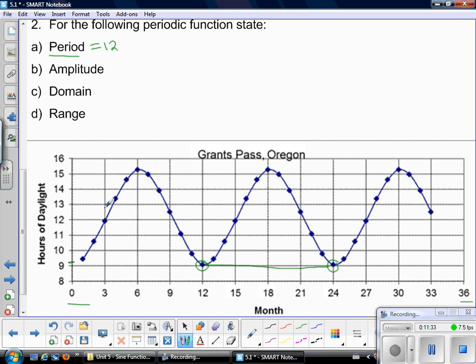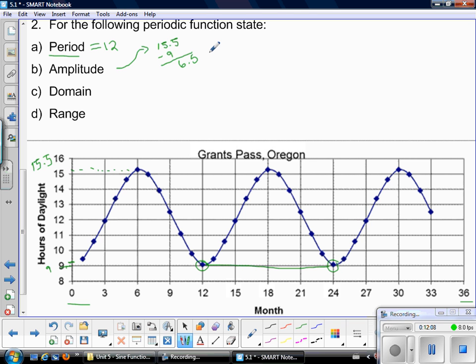Now the amplitude. It appears that over here it's about 15.5, and down below, it appears that it's at 9. So the distance between them is 15.5 minus 9, which is 6.5, and then we need half of that number.